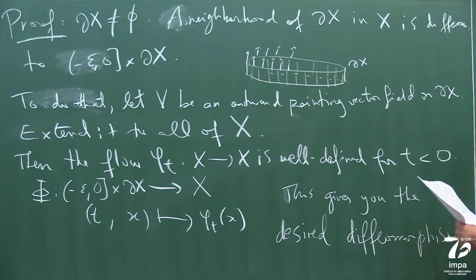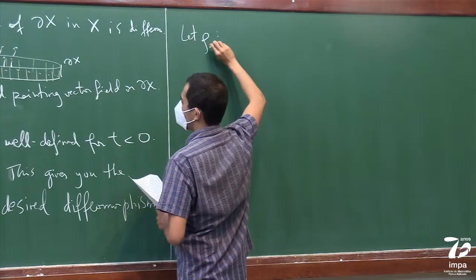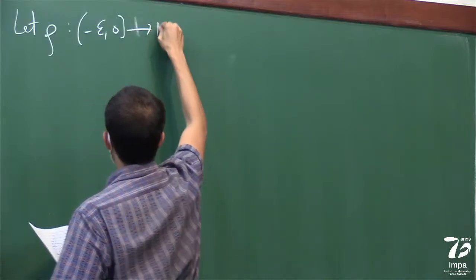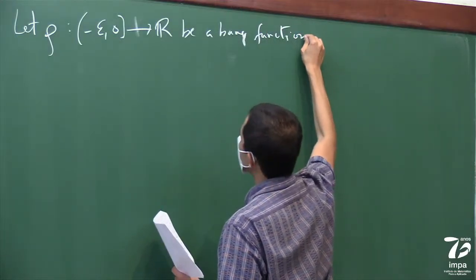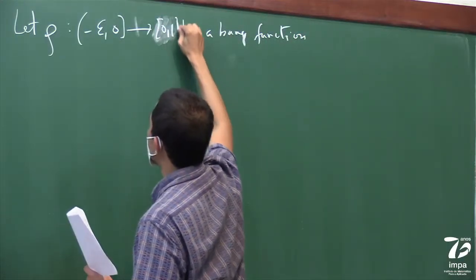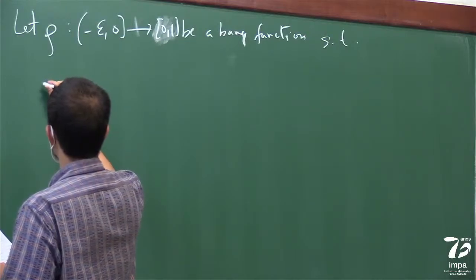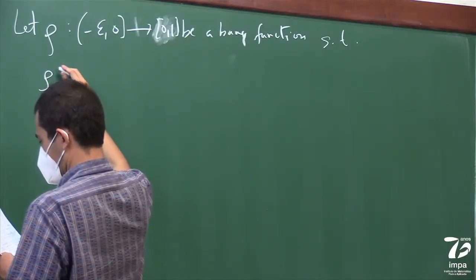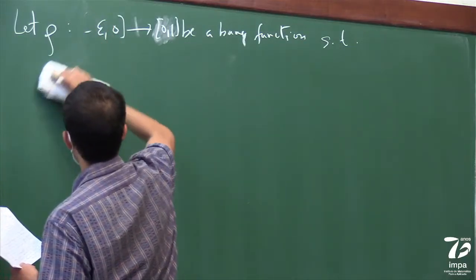Okay. So anyway, we have this little diffeomorphism, and now we can use this. To be really precise, you can let rho that goes from minus epsilon, 0 into R be a bump function, actually into 0, 1, such that, actually, I want the following thing.